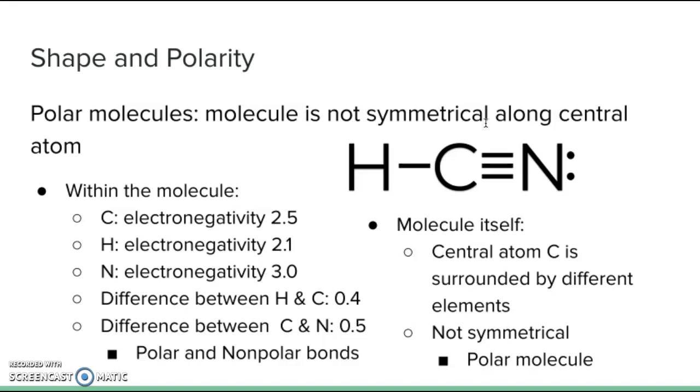On your exam, you will have to differentiate between the bonds themselves, if they are polar or nonpolar covalent, and also the molecule overall, if the molecule is polar or nonpolar. So reading the question is very important.